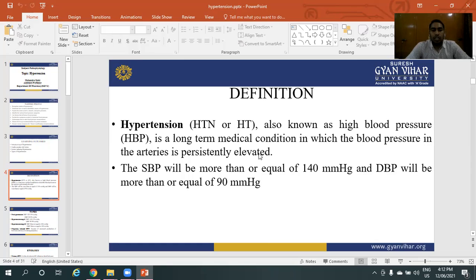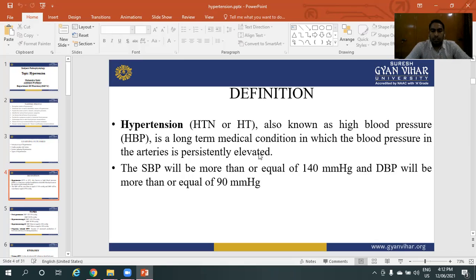The systolic blood pressure (SBP) will be more than or equal to 140 mmHg, and the diastolic blood pressure will be more than or equal to 90 mmHg. mmHg is the unit of blood pressure.